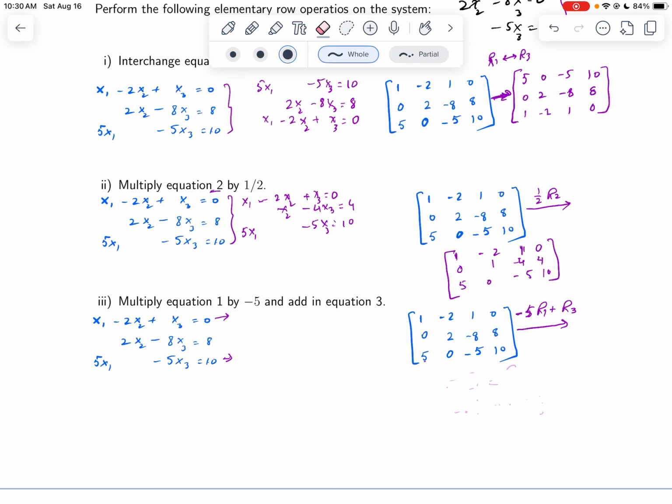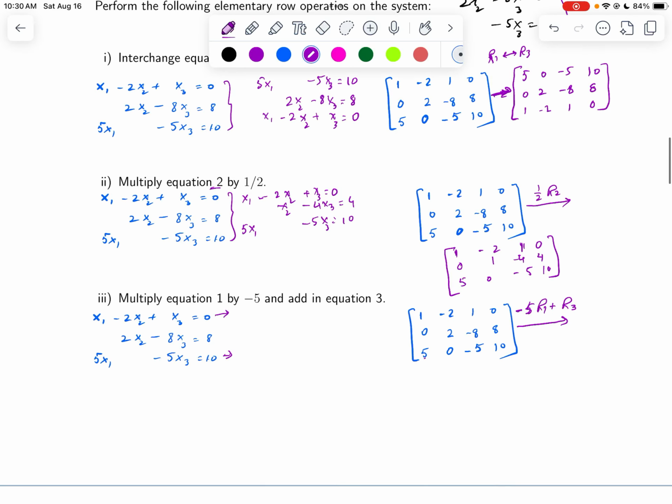And what will happen? Which row will change? Well, we are multiplying the first row by -5, or the first equation by -5, but we are not going to write it over here as -5x1 plus 10x2 and so on. This first row is not changing. The operation of multiplying equation 1 by -5 and adding in equation 3 is going to change equation 3.